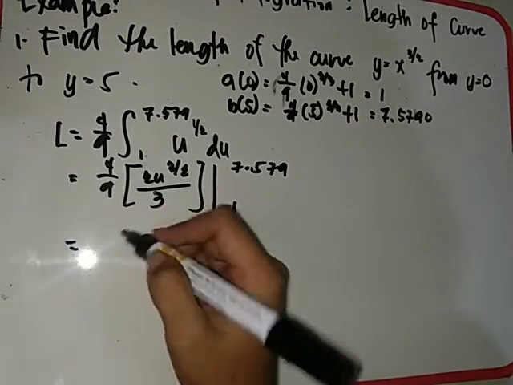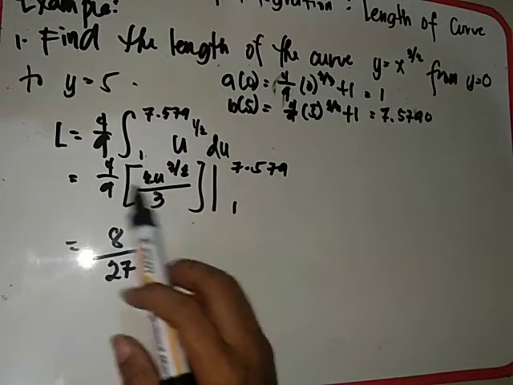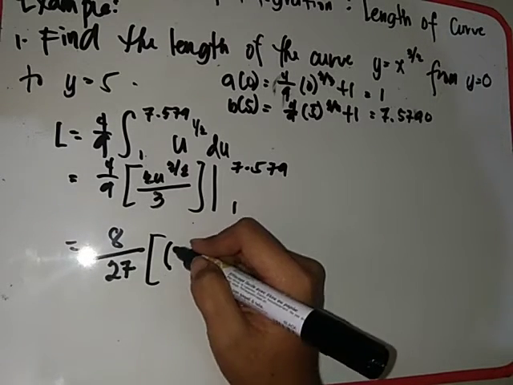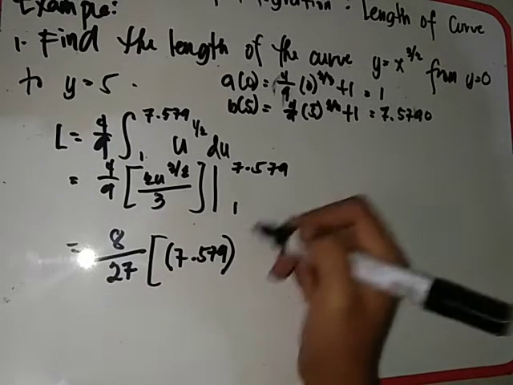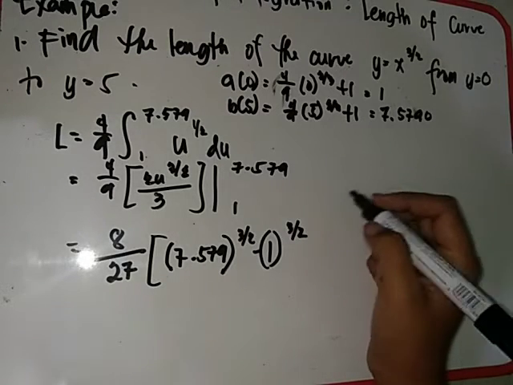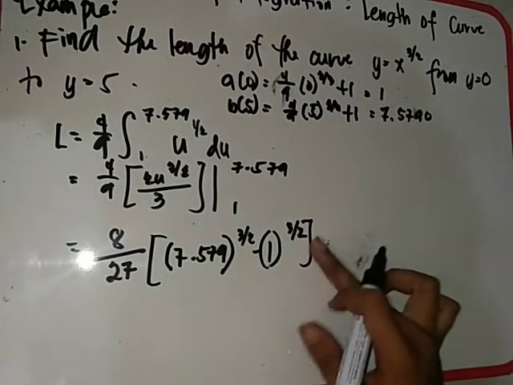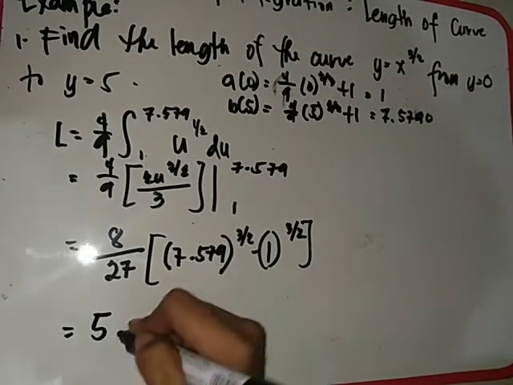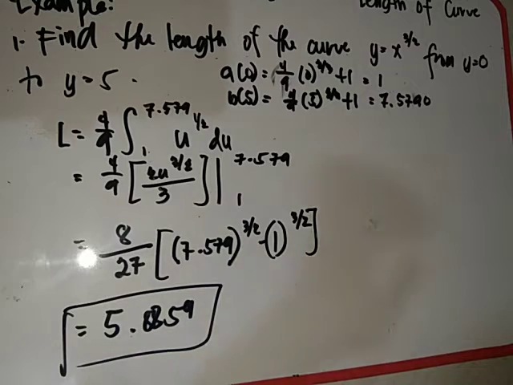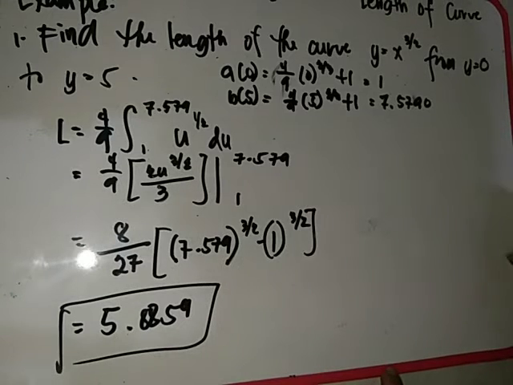So we have 8 over 27, because 4 times 2 is 8 and 9 times 3 is 27, and 7.579 raised to 3 halves minus 1 raised to 3 halves is equal to 5.8859. So the length of our curve is 5.8859.